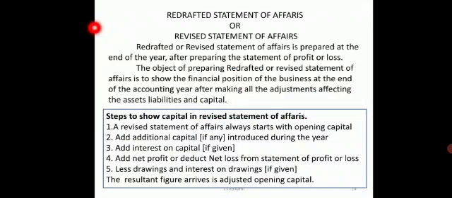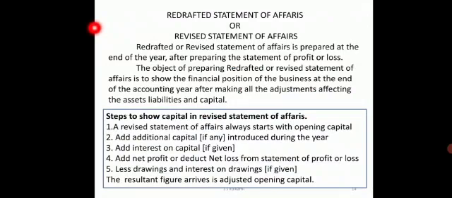For example, the depreciation provided or provision for bad debts, whatever adjustments are made in the statement of profit and loss are re-effected in this, and then we see whether assets and liabilities are tallying or not.